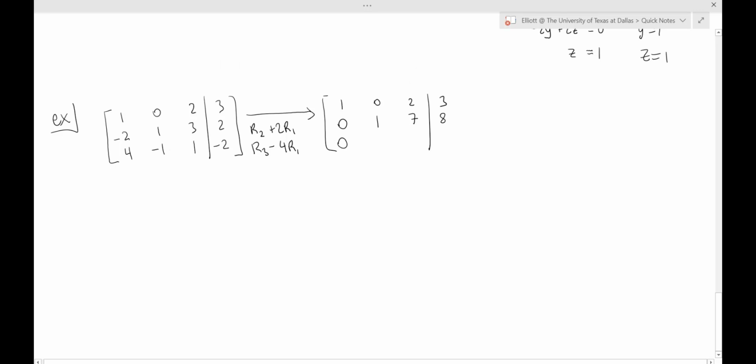Negative 1 minus 0, 1 minus 8, and negative 2 minus 12, so negative 14. If we try to do another elimination, using this as our next pivot, and we try to eliminate everything beneath it, we could do row 3 plus row 2.